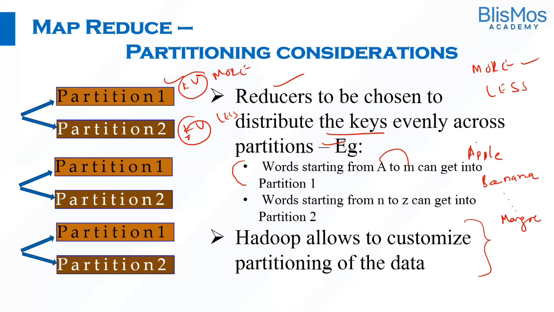Here, all the words starting from alphabet A till the words starting from M would get into partition 1. And all the words starting from N going up to Z would get into partition 2. We can define a logic like this with the assumption that both of the partitions are equal. That may not be true.